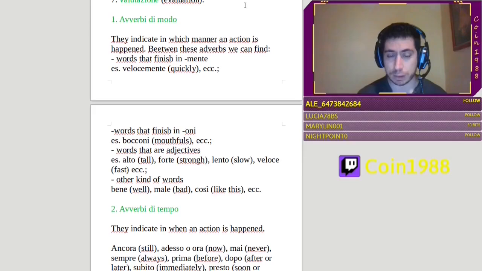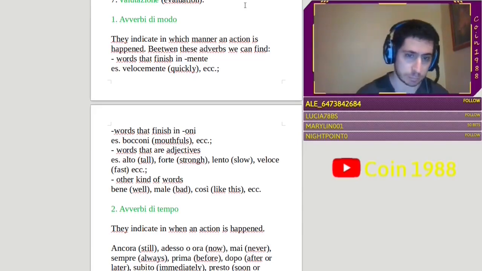Sometimes, not every time, these adjectives become adverbs.